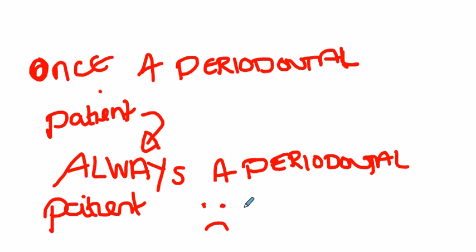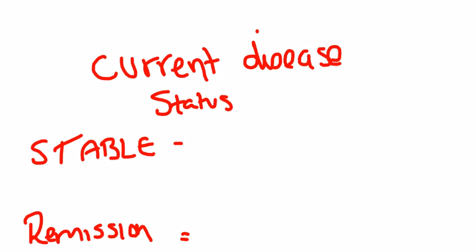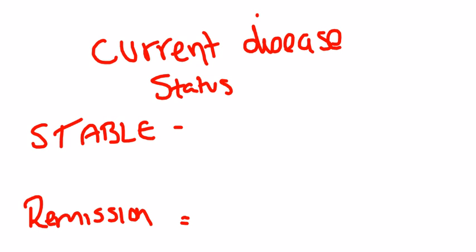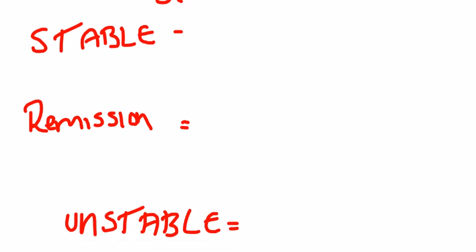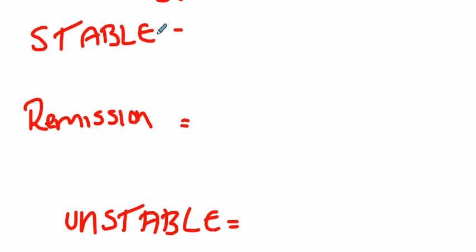One thing that comes into that is we need to know about the stability of their disease and the current status of the disease. We need to know, are they stable, are they in remission, or are they unstable?